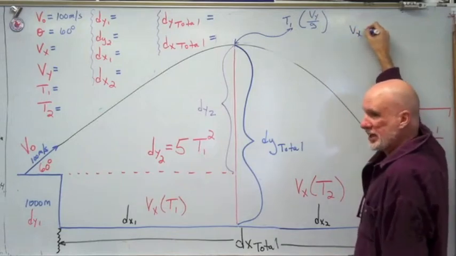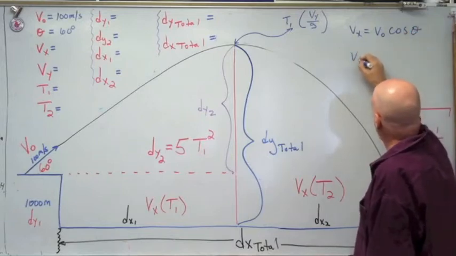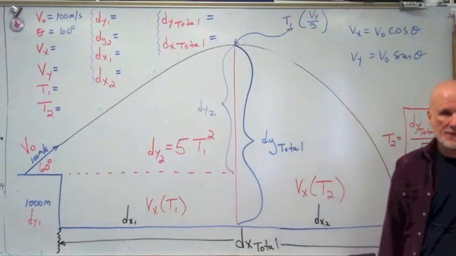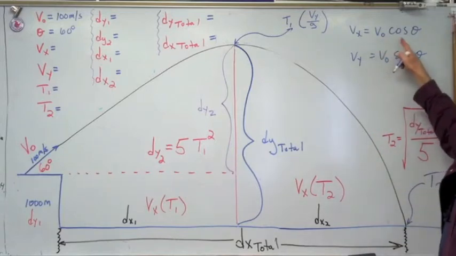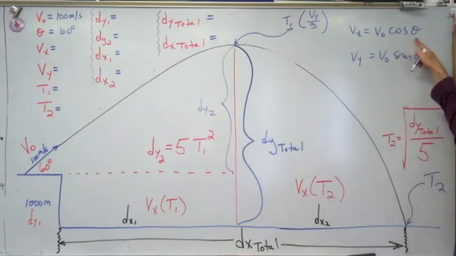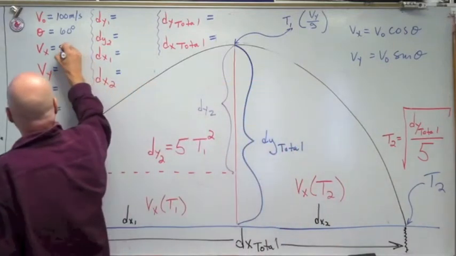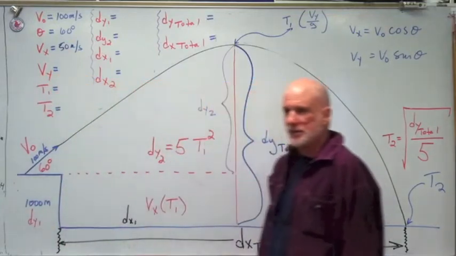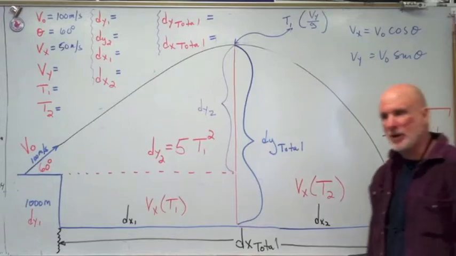As you remember from yesterday, Vx is V0 cosine theta, and Vy is V0 sine theta. 100 cosine 60 is what? 50. 100 sine 60 is 86.6.